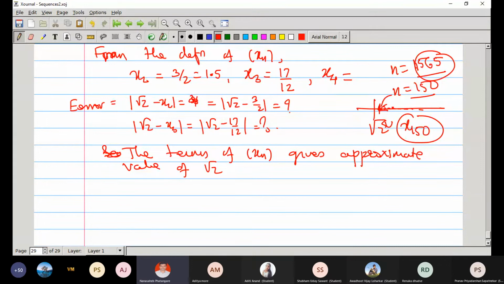Whichever instrument or technology-based gadget we use in daily life, there are always errors, and people are trying to minimize them. To minimize the error, you have to go to the next term, which is closer to the exact, more accurate expectation. That is why this sequence is important. Correct.